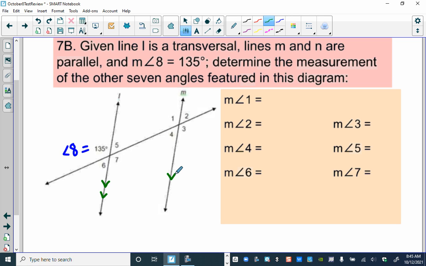I will mark it so you know, okay, they're parallel lines. But you can get the remaining, try the remaining 7 on your own. We're not going to do that right now. All because I want us to do some other problems that we haven't seen in a while.